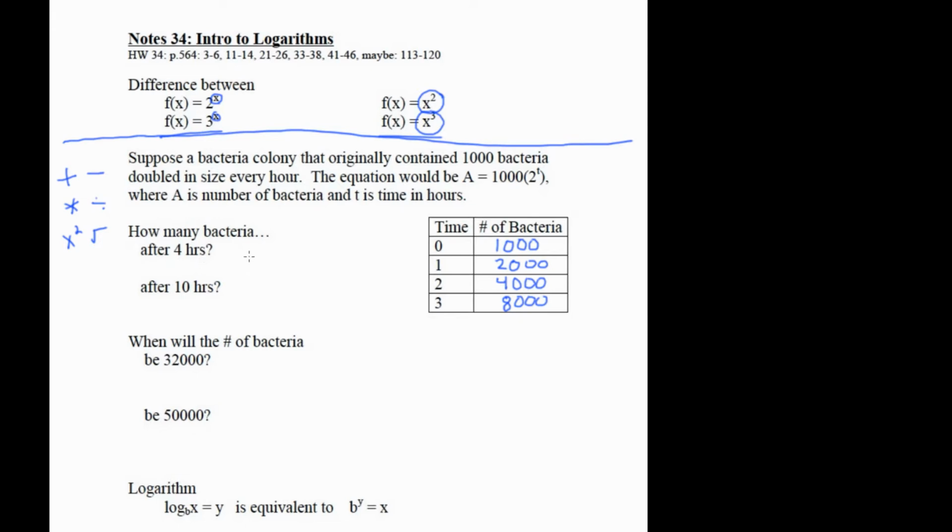Well, we can see by looking at our chart that if we just extend our time 1 more hour, it will double again. So there will be 16,000 bacteria. How about after 10 hours? There's a couple of ways we could do this. We could just keep multiplying by 2 until we got to a time of 10 hours, or we could just use our equation.